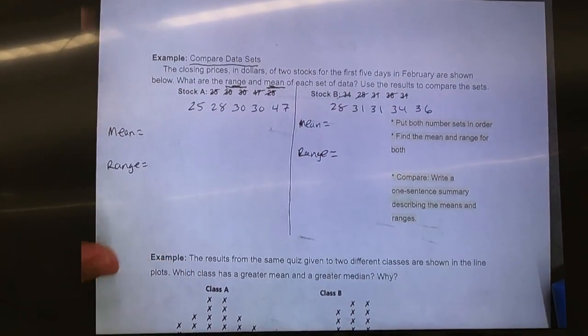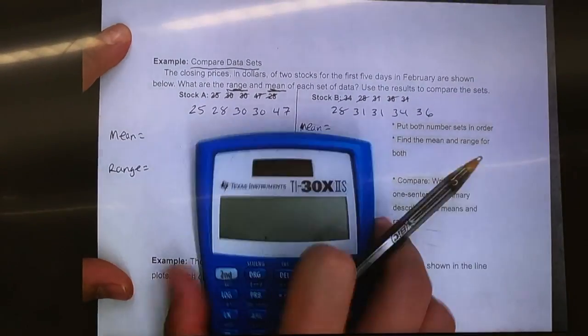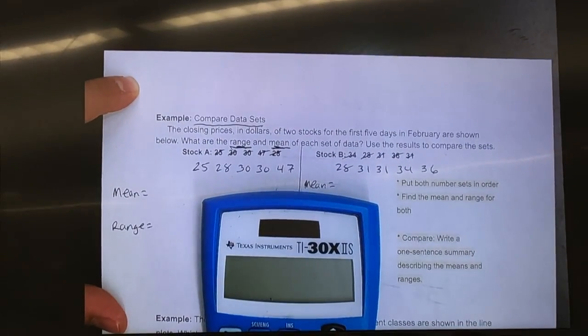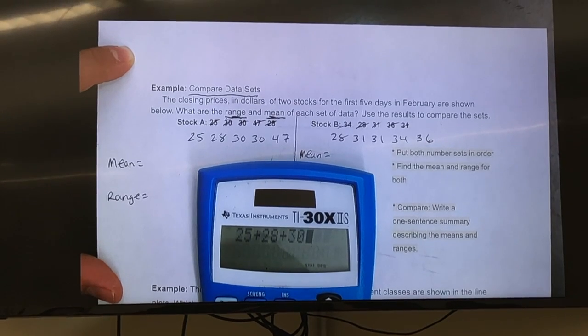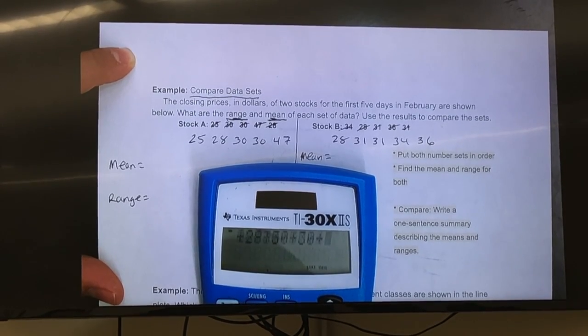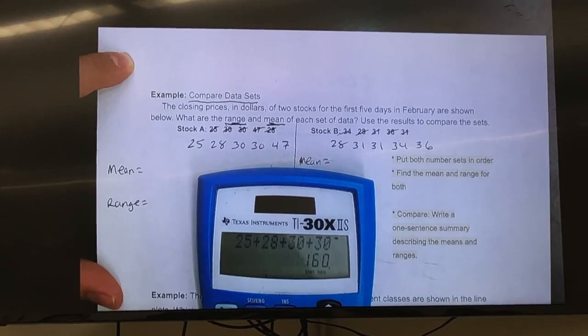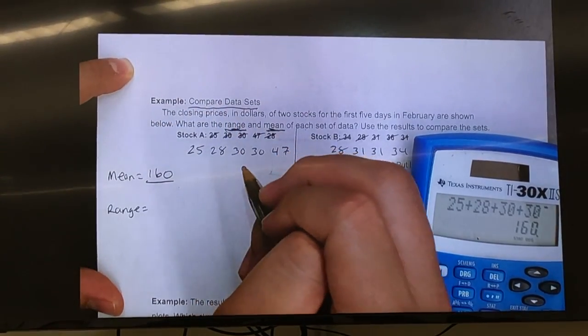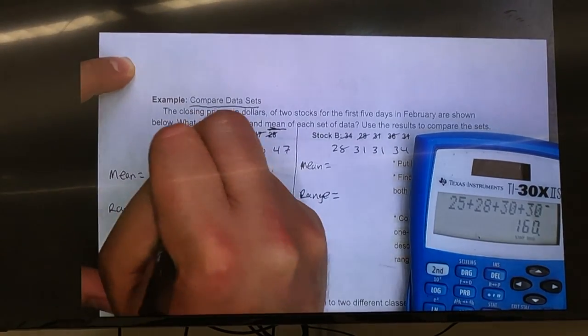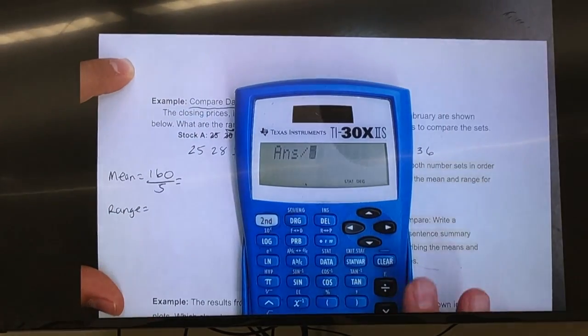All right, so our mean for this one is going to be 25 plus 28 plus 30 plus 30 plus 47 equals 160. Divided by 5 numbers. Okay. 32.